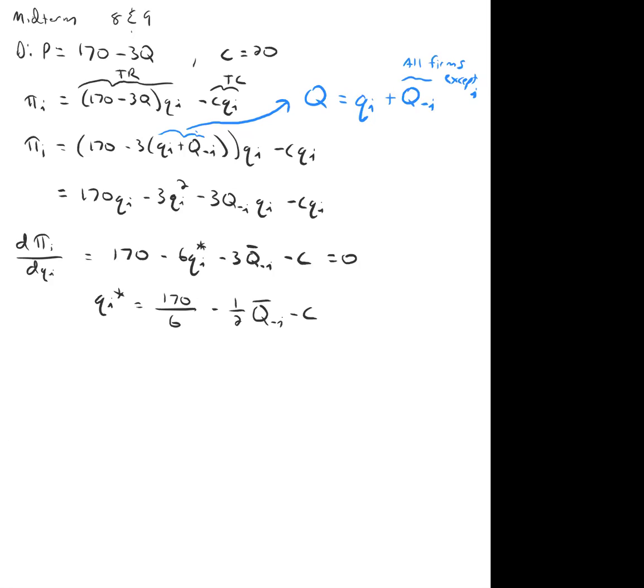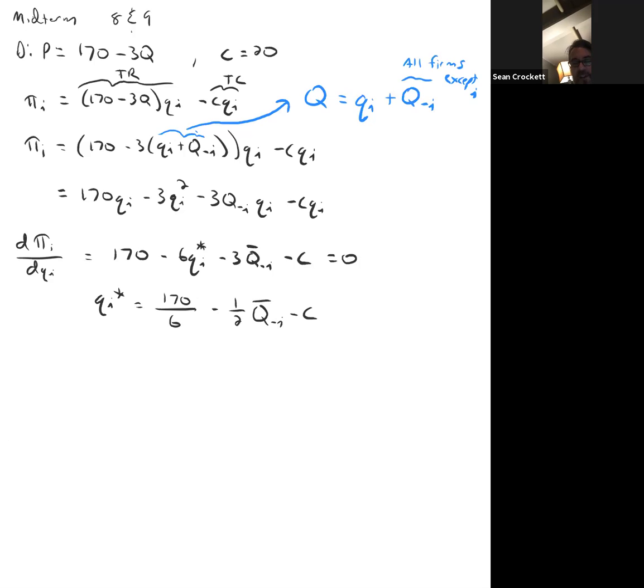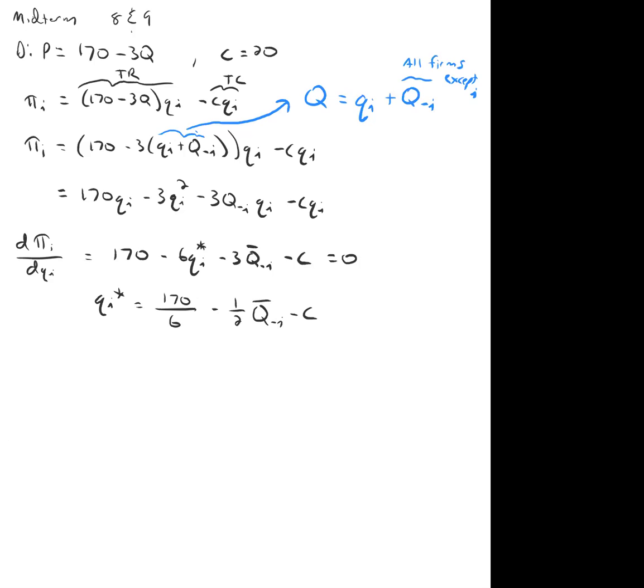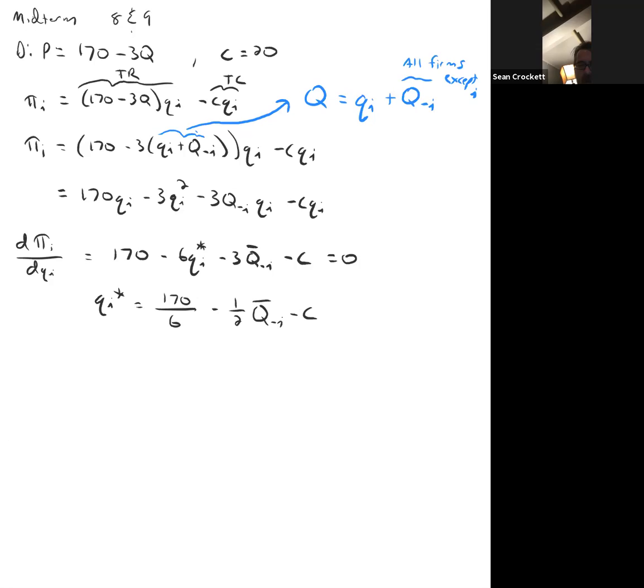I think you're missing the C, where before the derivative it's supposed to be minus 20 qi. Oh, C is minus 20. Yeah. Oh, that's right. And then I would have had to divide that by 6. I see. So I was okay up to that point. So no mistakes earlier. That C is equal to 20.